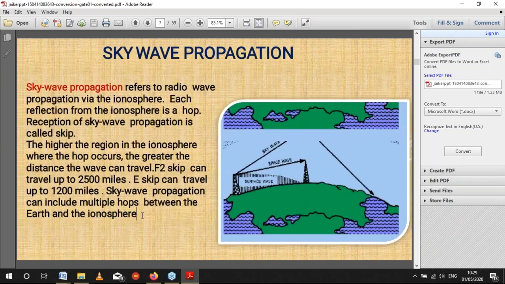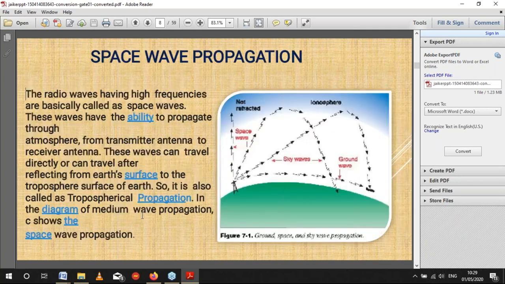Now that brings us to the space wave propagation. Space waves are radio waves having high frequencies.